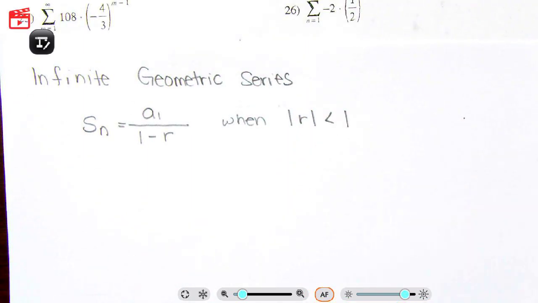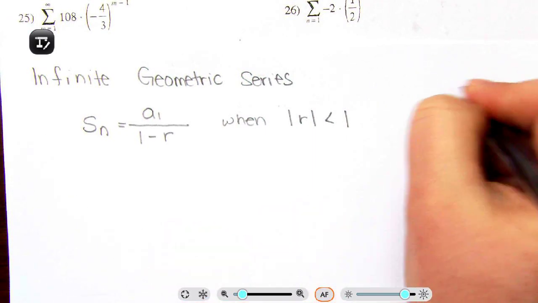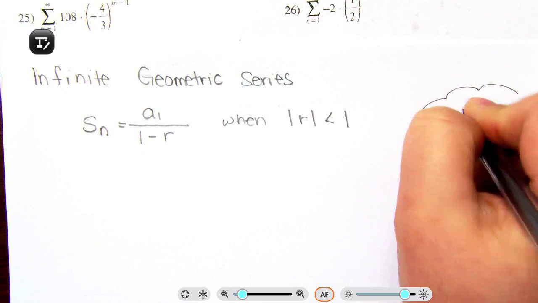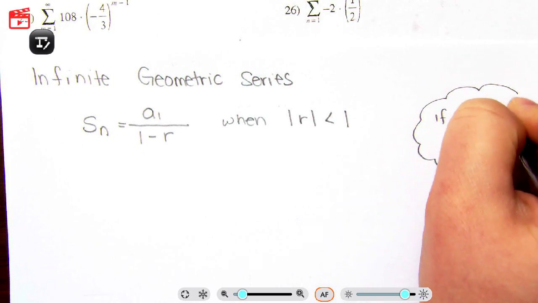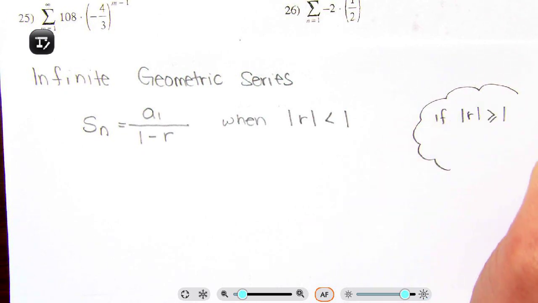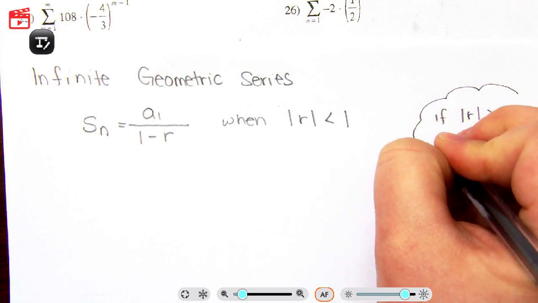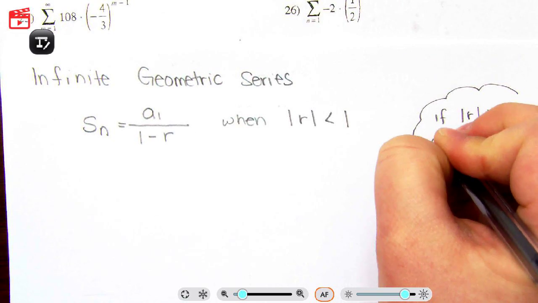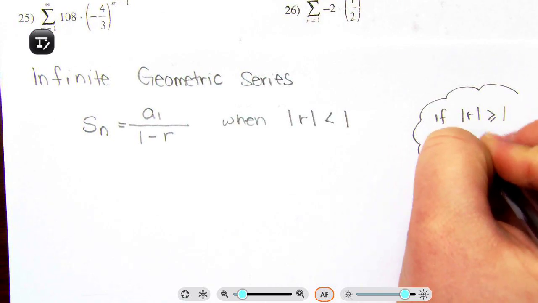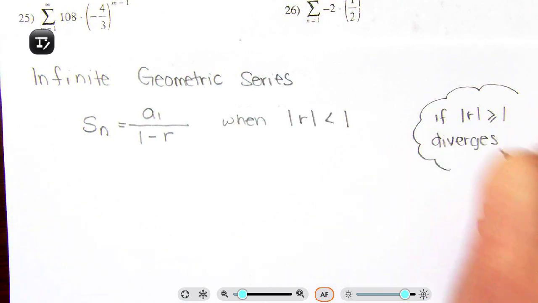So if, here's our thinking bubble, if the absolute value of r is greater or equal to 1, it does not have a sum. It's called diverges.